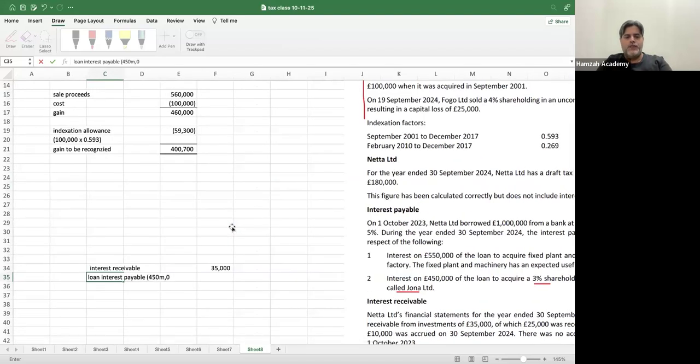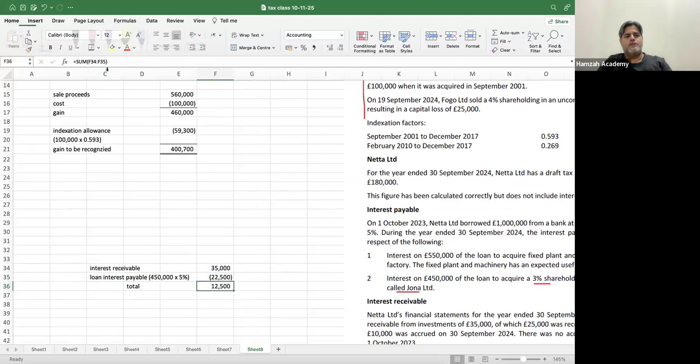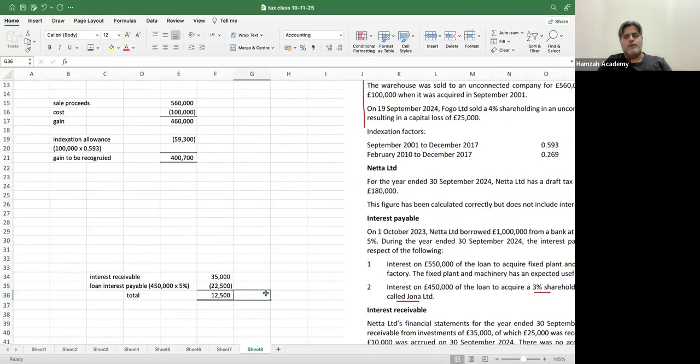So 450,000 into 5%, we are going to have 22,500. So the total is going to be 12,500 over here, right? So that's going to be the answer over here, right? Okay, so this is the approach that we have to set over here.